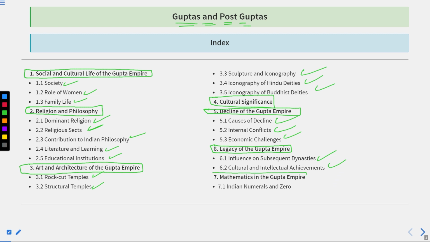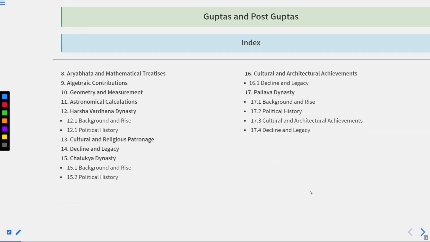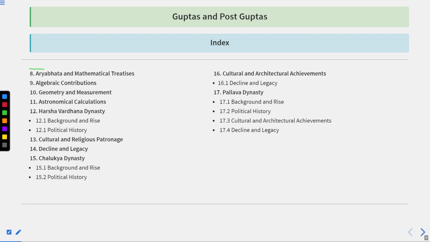Thereafter, we will discuss the mathematics in the Gupta Empire, in which we will discuss the Indian numerals and zero. Thereafter, we will see Aryabhata and his mathematical treatise in reference to the Gupta Empire. Thereafter, the algebraic contribution, geometry and measurement, and astronomical calculations, which all happened during the Gupta Empire.